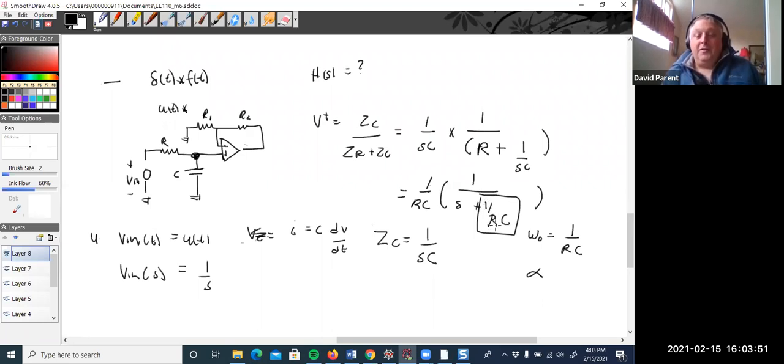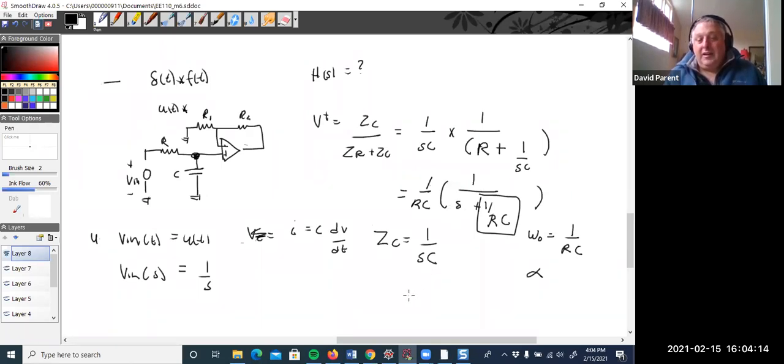But that 1 over RC is actually omega naught in frequency, which we've been using as alpha so far. But this is in a very important form because it tells me something important about the system.